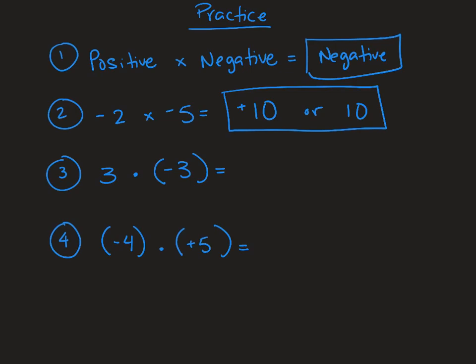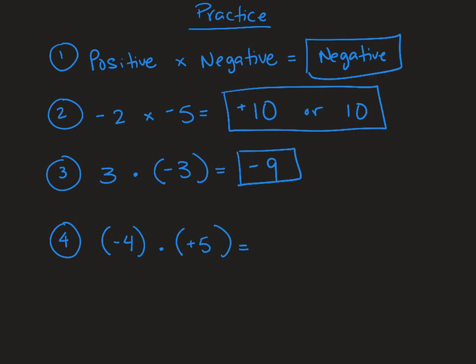Number 3, 3 times negative 3. Excellent. That's only one answer. If you put 9, you're wrong, okay? So it has to be a negative 9.